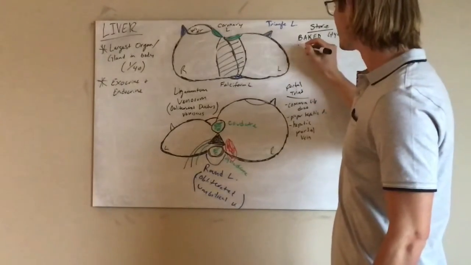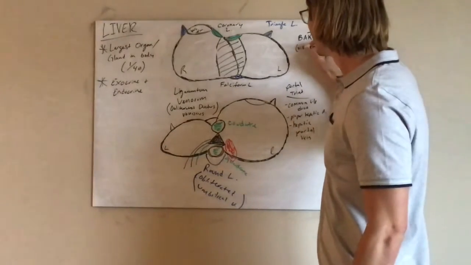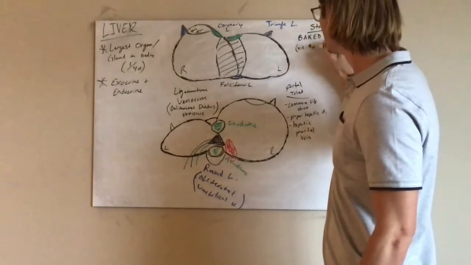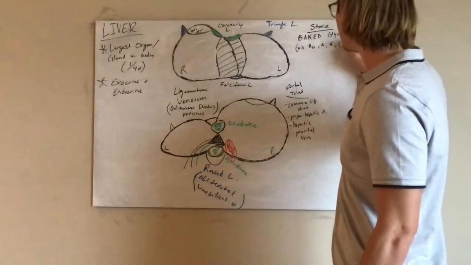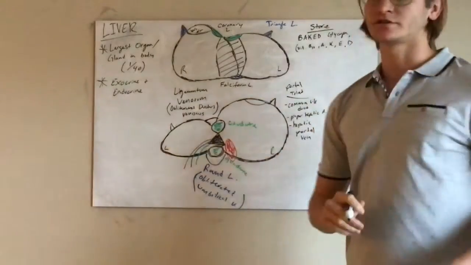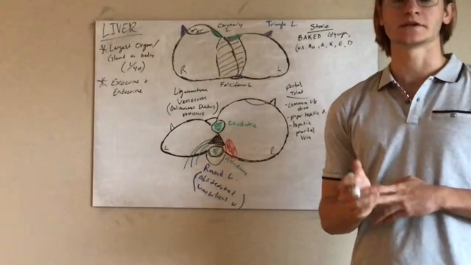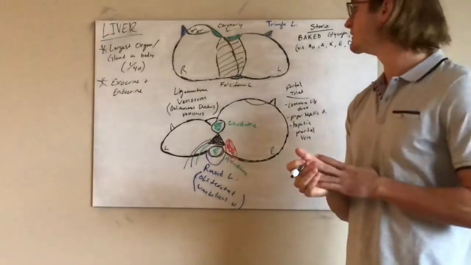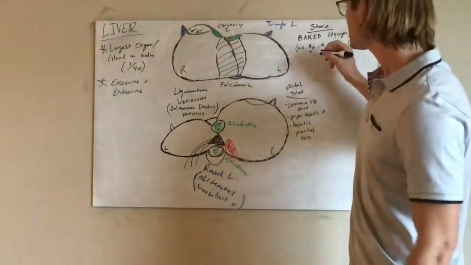And that's because it stores vitamin B12, vitamin A, vitamin K, vitamin E, and vitamin D, and glycogen. So it stores glycogen, vitamin B12, vitamin A, vitamin K, vitamin E, and vitamin D. That's what the liver is able to store.